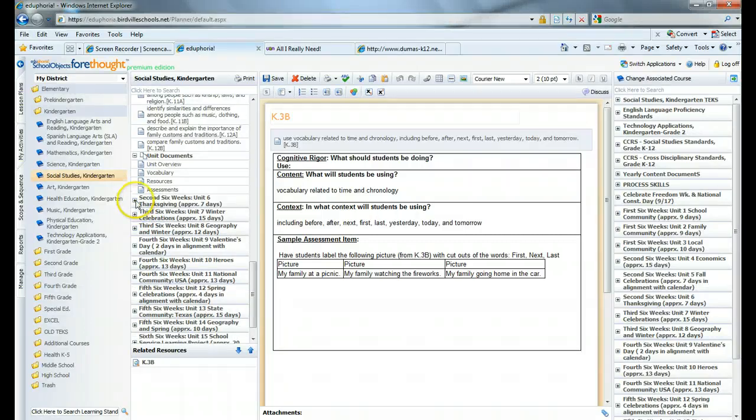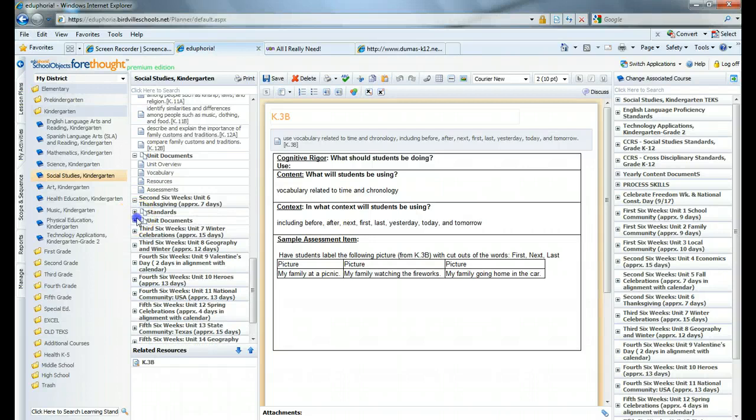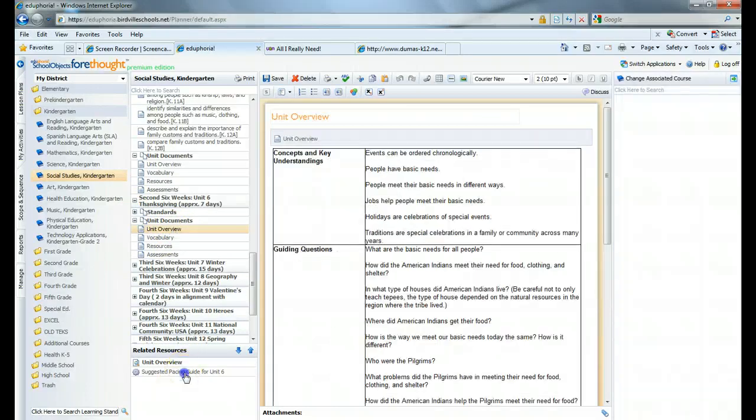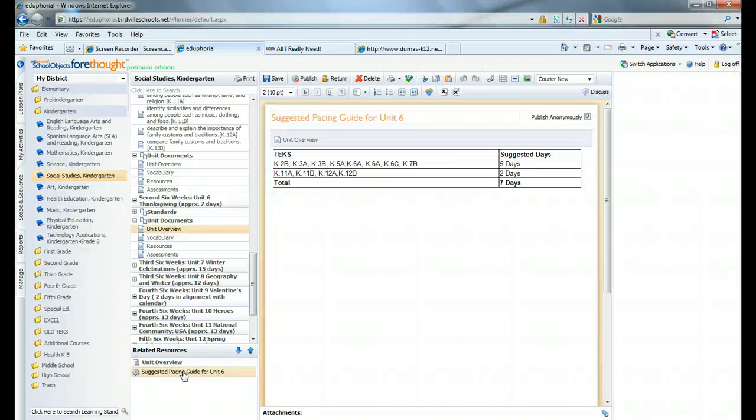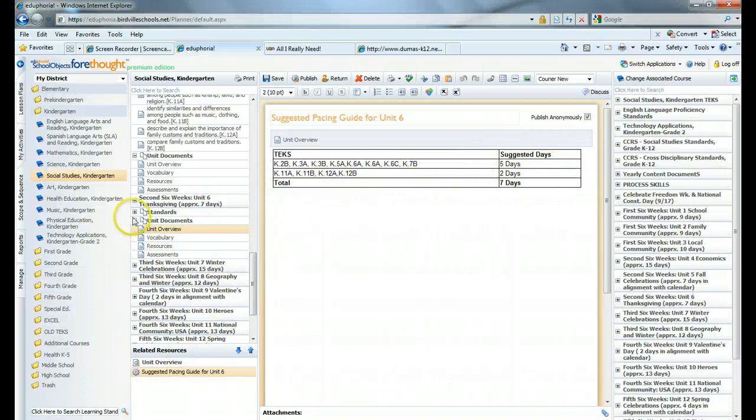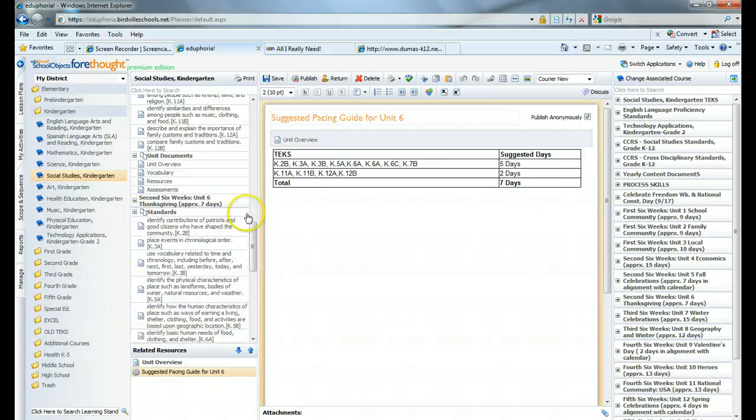Now, when you go into Thanksgiving, here we have their standards. Once again, I have your unit documents, unit overview, and I have a suggested pacing guide. What's really interesting on here is you'll notice, and I have them grouped together because a lot of these will go together. So let me show you what I'm talking about.